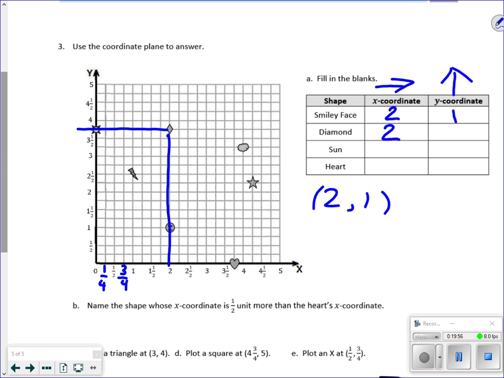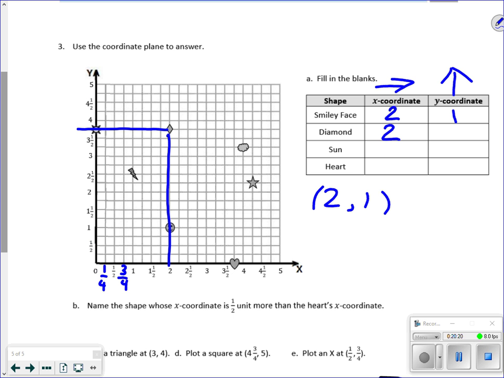And here, the y. The y coordinate for the diamond and only the diamond. Where is the diamond located for the y coordinate, Jackson? 3 and 3/4. Yes. So I've got 3, and then I've got something with no numbers.